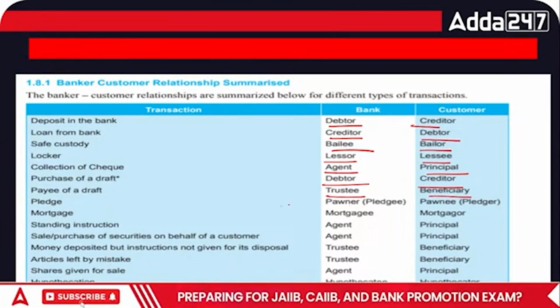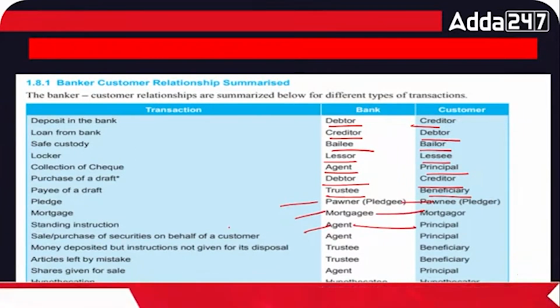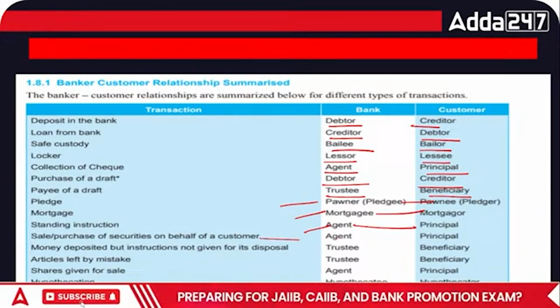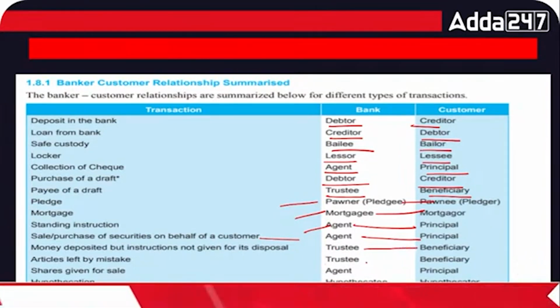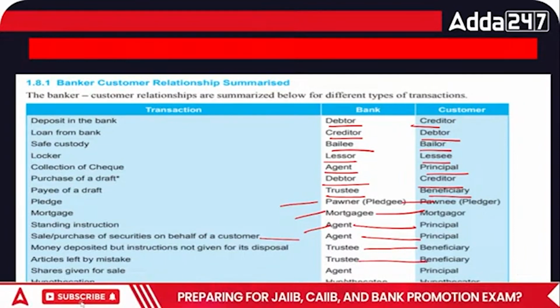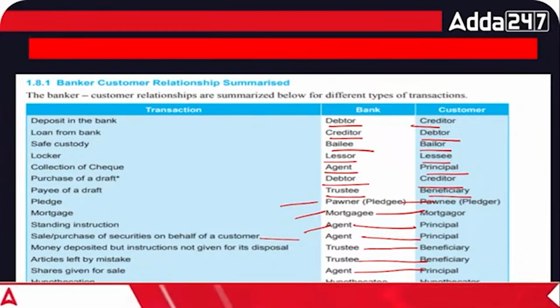In case of pledge, mortgage, standing instruction: agent and principal, mortgagee and mortgagor. In case of sale and purchase of security: again agent and principal. Money deposited but instruction not given for its proposed disposal: trustee and beneficiary. Then if shares are given for sale: again hypothecation. So please remember this point. This table is very important.